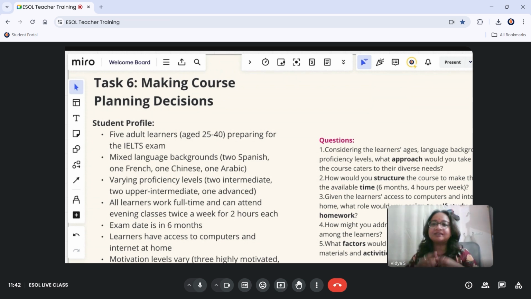We have to make little changes so that the approach is one they can get adjusted to. It might be an intensive course approach, where we go in depth and give them complete detailed information about the whole plan we have made for the students. Next is the structure and the time availability.